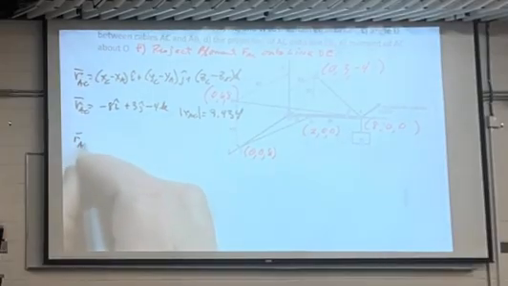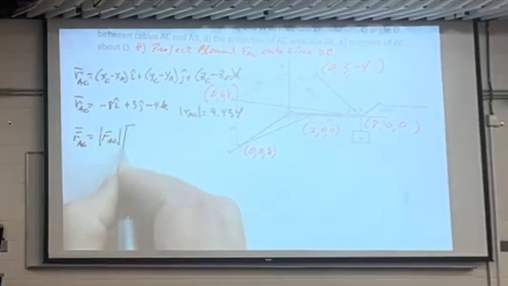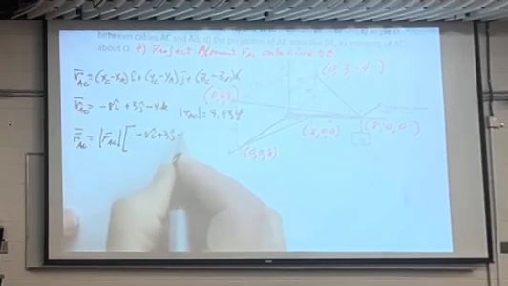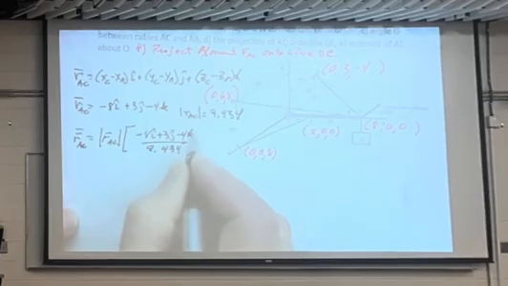Therefore, FAC vector is FAC magnitude times (minus 8i plus 3j minus 4k) divided by 9.434.